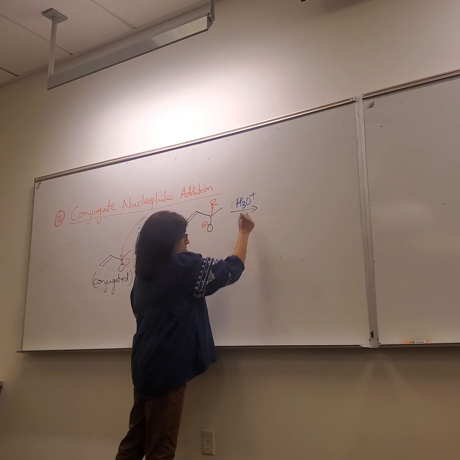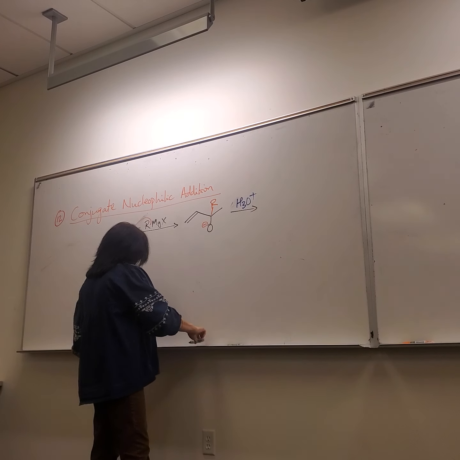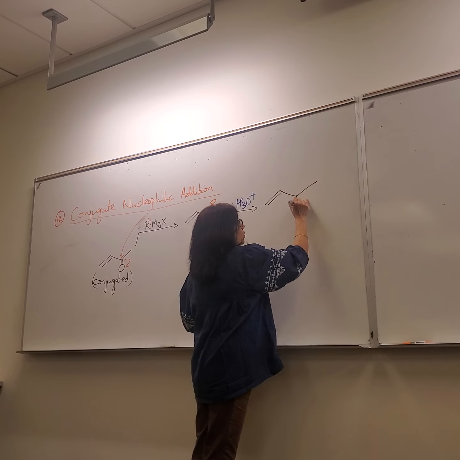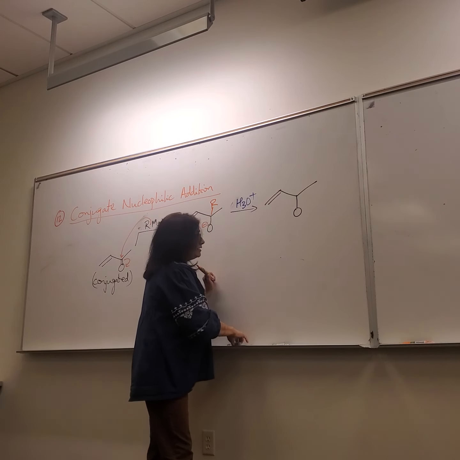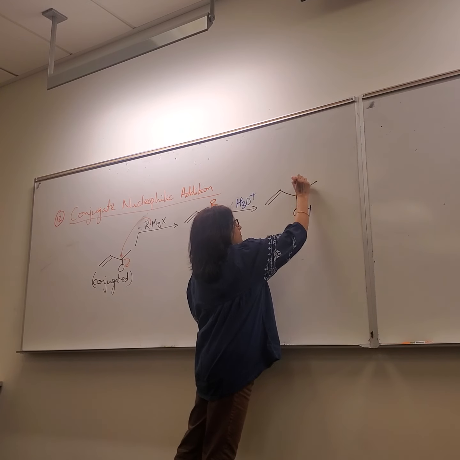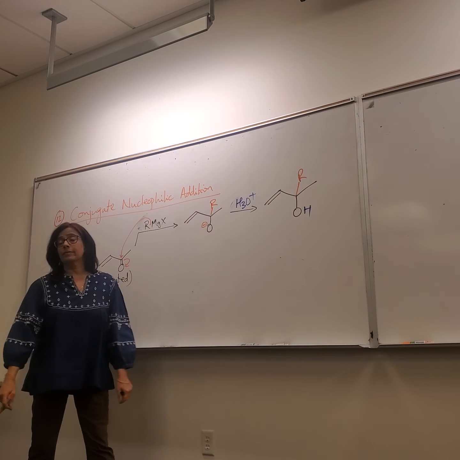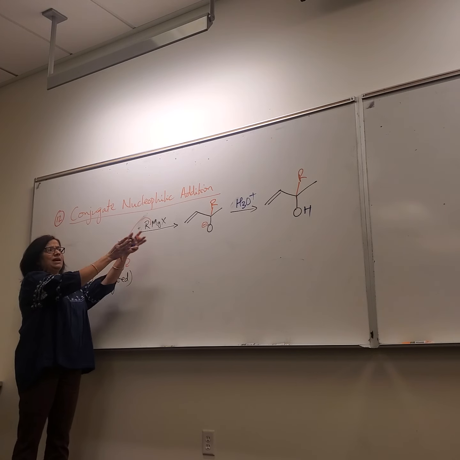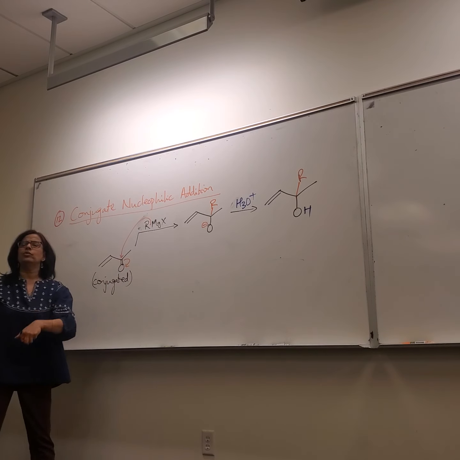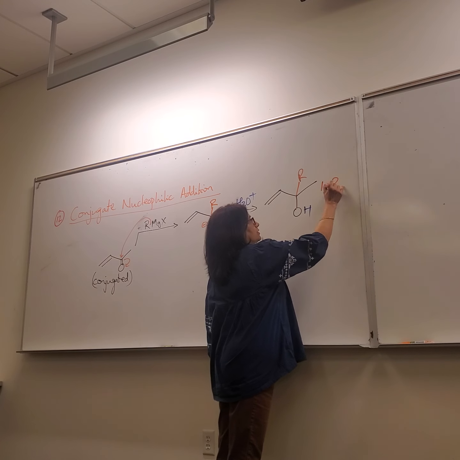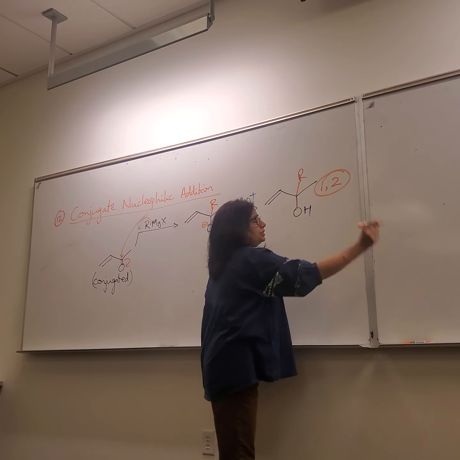To oxygen. So, the point I'm trying to make, which is why I'm using all of these different colors, is where did the actual addition happen? Where did the actual addition happen in the steps shown here? Across the C double bond O, which is called 1,2 addition.